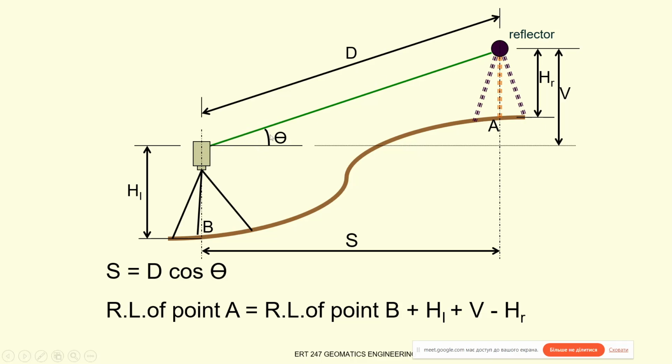Also, total station measures vertical and horizontal angle and calculates. While the coordinates of point B are known, the total station calculates the XYZ coordinates of point A very quickly.